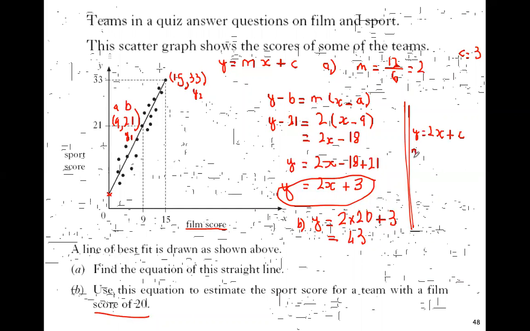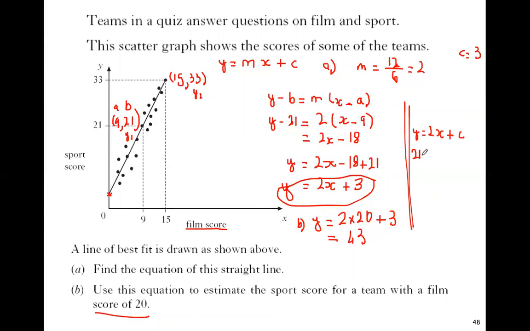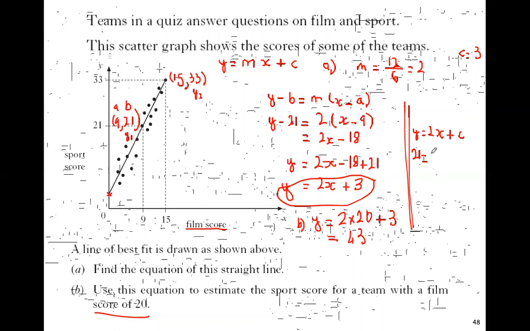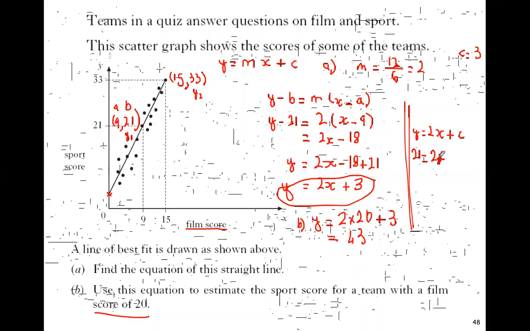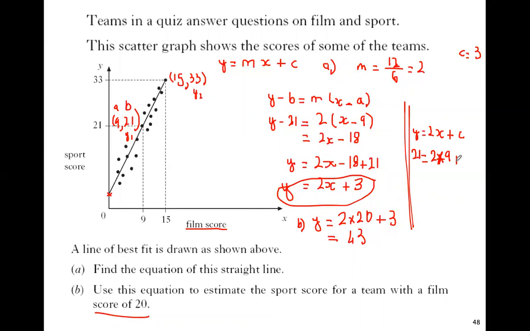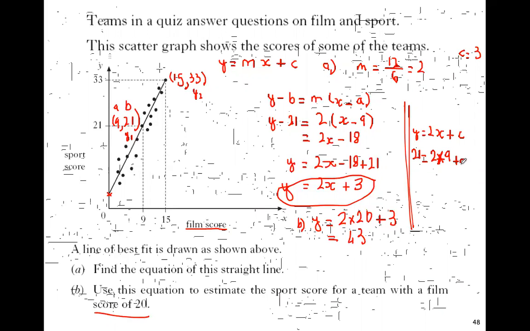So 21 equal 2 times 9 plus c, which is 18 plus c.